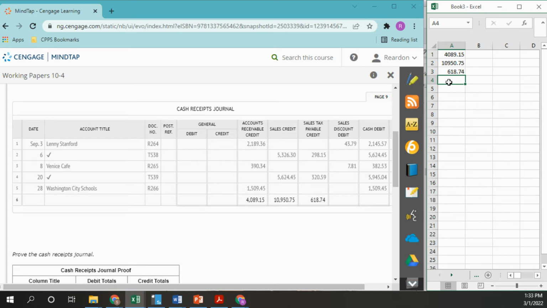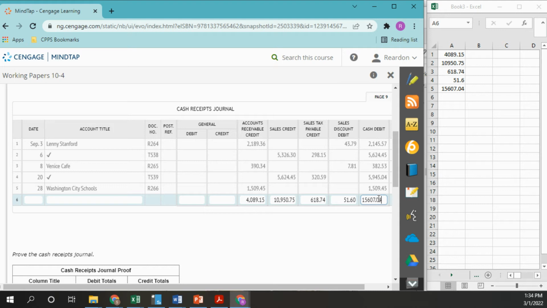Sales discount 43.79 plus 7.81, 51.6. In cash debit equals 2145.57 plus 5624.45 plus 382.53 plus 594.504 plus 1509.45. Now, if I'm going too fast, that's okay.